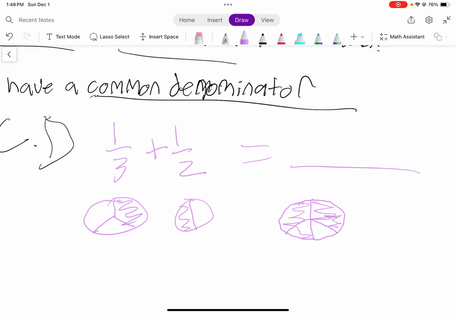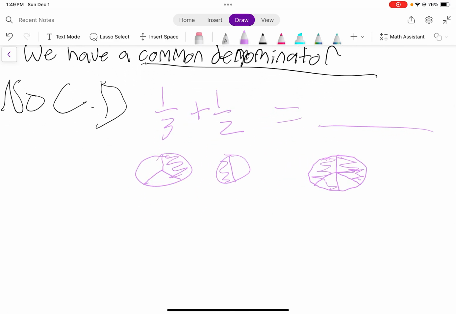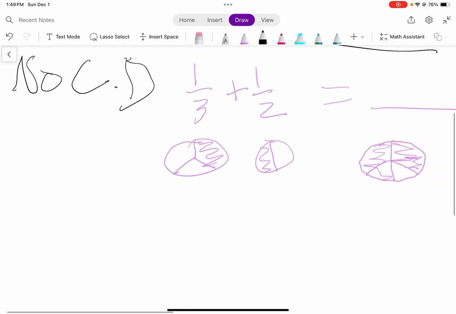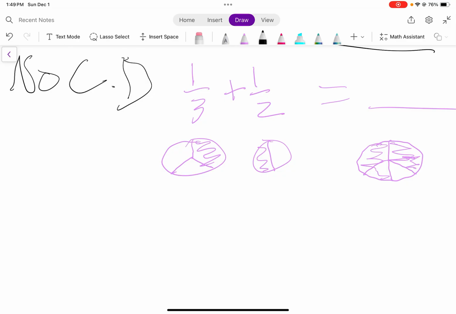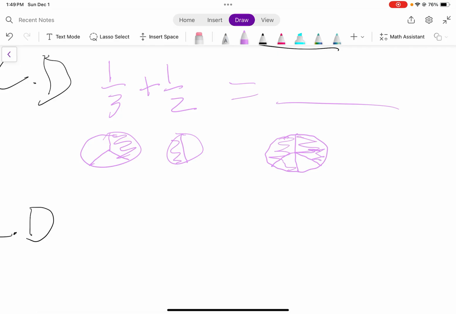Well, I can't figure out exactly what this picture is trying to represent. This is why we must have a common denominator. Having a common denominator makes it easier to determine a fraction, makes it done more cleanly, and makes it more understandable.